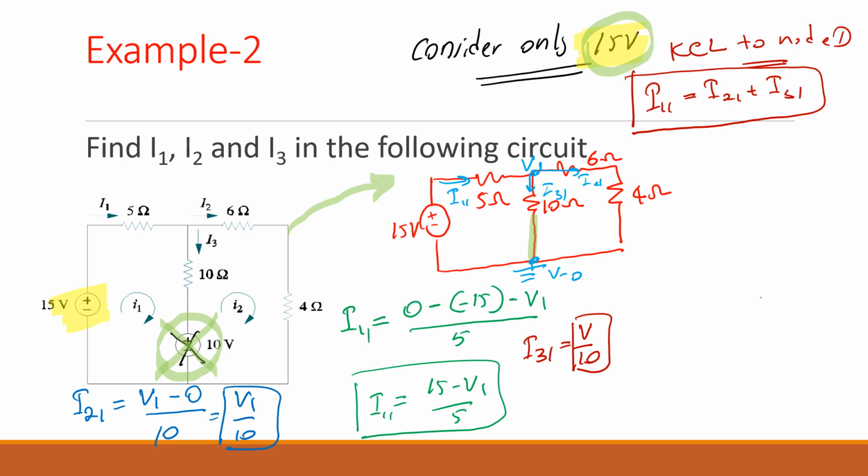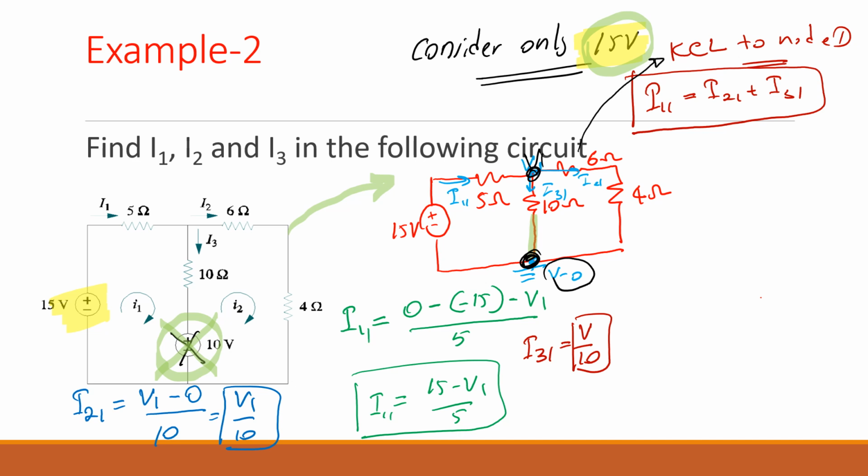In the node voltage method, you first need to identify the nodes. We consider nodes with 3 or more branches connected. Here we have 2 of them. Do you agree with me? Then we assign a 0 voltage to one of the nodes and a V1 voltage to the other node, and we apply KCL to that node.